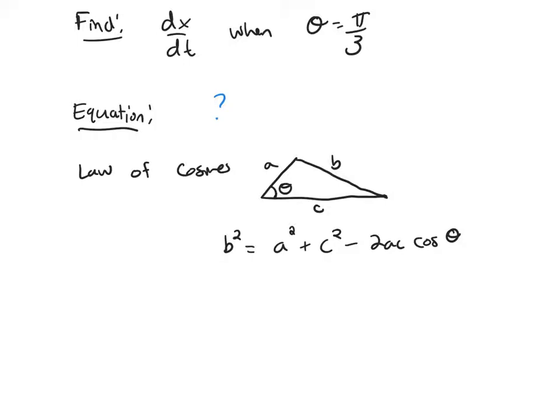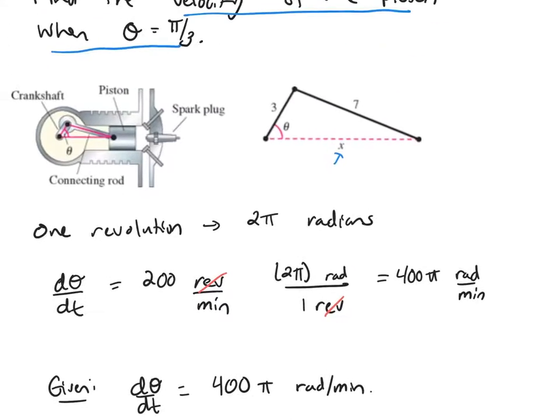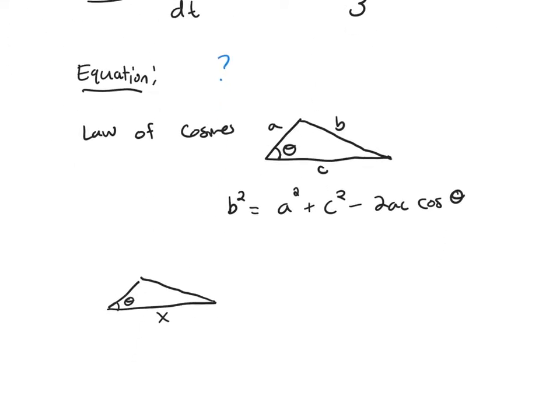So we're going to look at our triangle. I'll just copy it back down here so we don't have to go back and look. Here's theta. This was x. And then 3 and 7 were my two side lengths. So 3 was here and 7 was here. So now we're going to plug in. We get 7 squared equals 3 squared plus x squared minus 2 times 3 times x times cosine of theta.